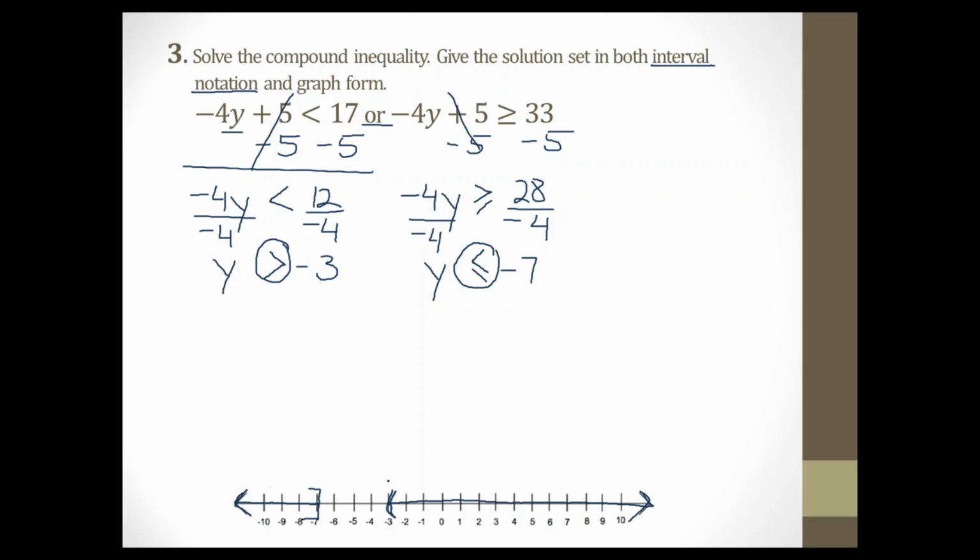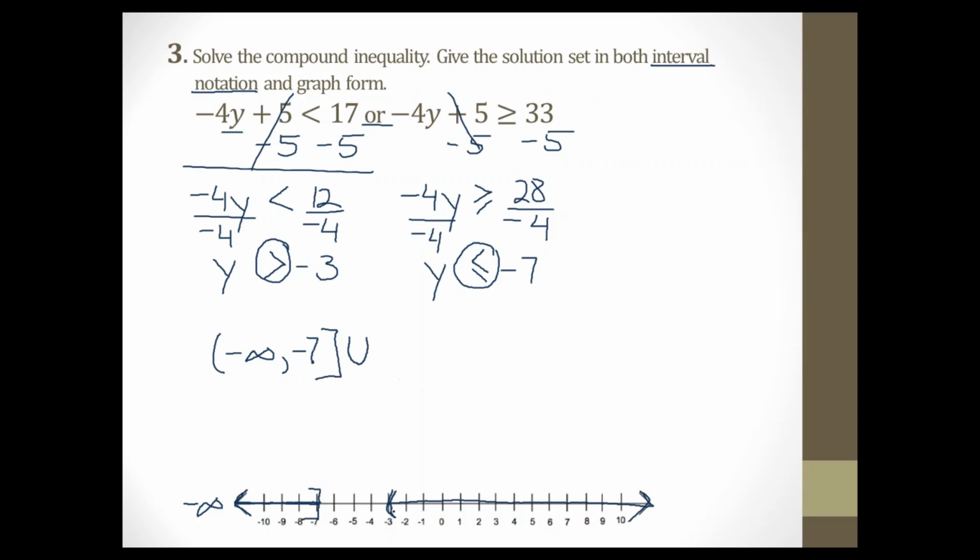So now I have my graph, and now I can write it in interval notation by reading my graph from the left. So starting here, the shading starts at -infinity, and infinity signs, no matter if negative or positive, always get parentheses. Then the shading stops at -7, and like I already indicated, we need a bracket, but because it says OR, we have a union, so it could be either or both of these shadings.